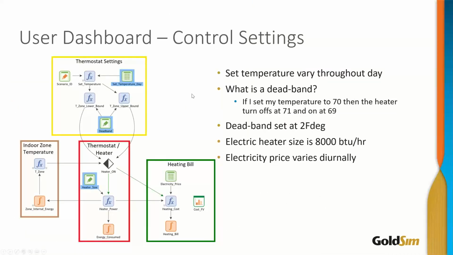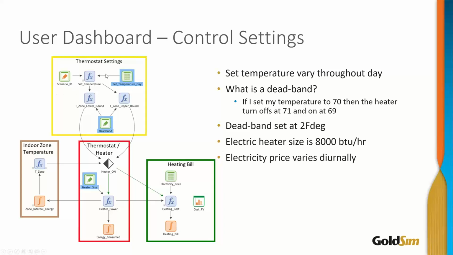Okay, so now that we understand the energy balance for our system, we can look at how we are going to control the temperature within the building. And we're going to do that using a couple different features.